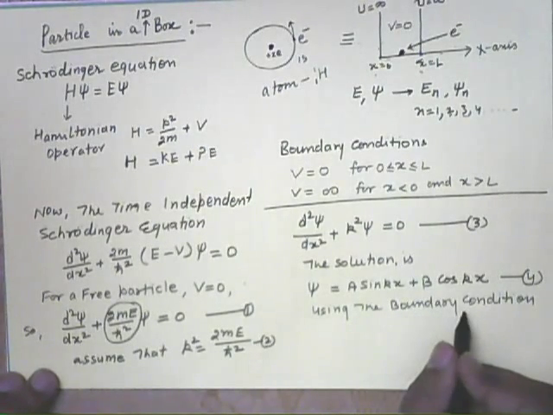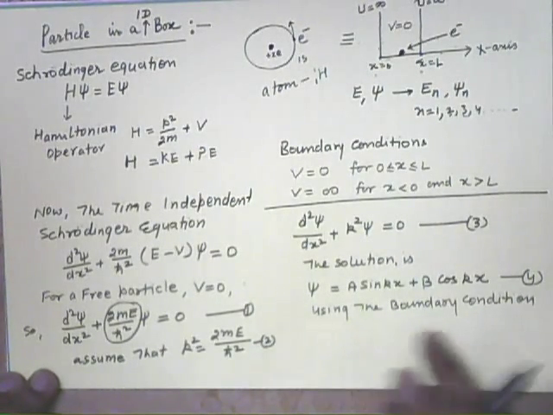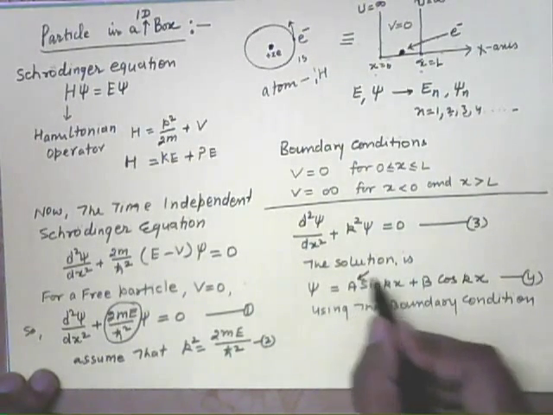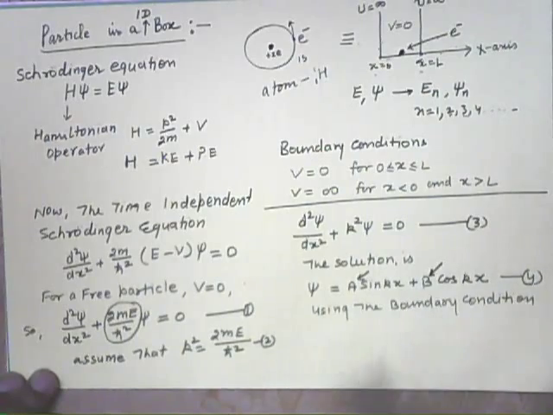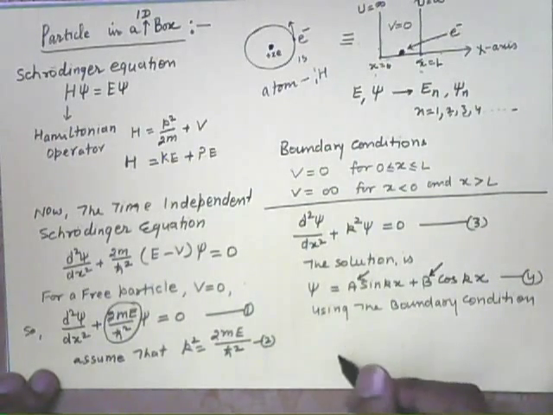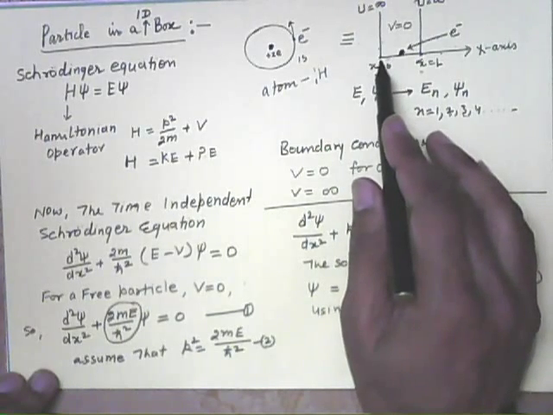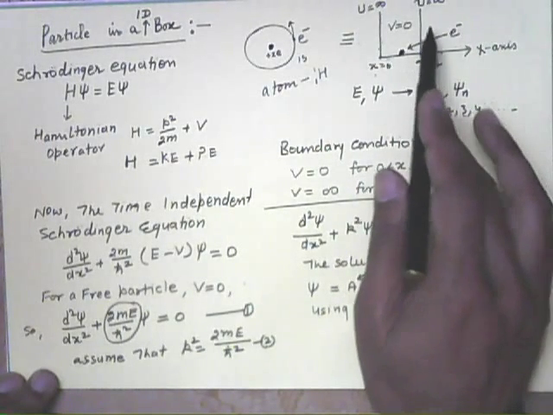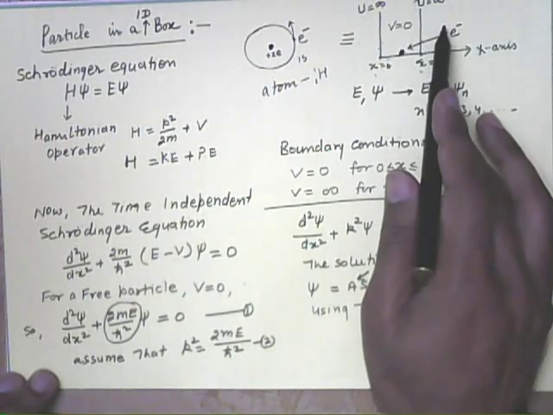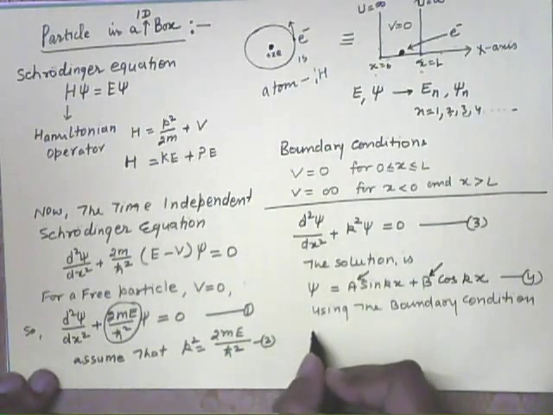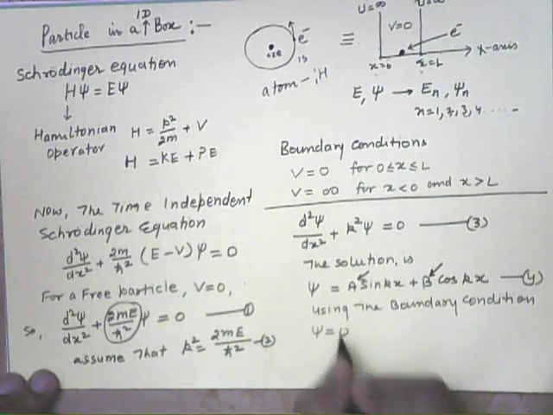We are using them just for finding the values of the constants A and B, and we know that beyond x is equal to 0 and x is equal to L, the probability of finding the particle is 0.